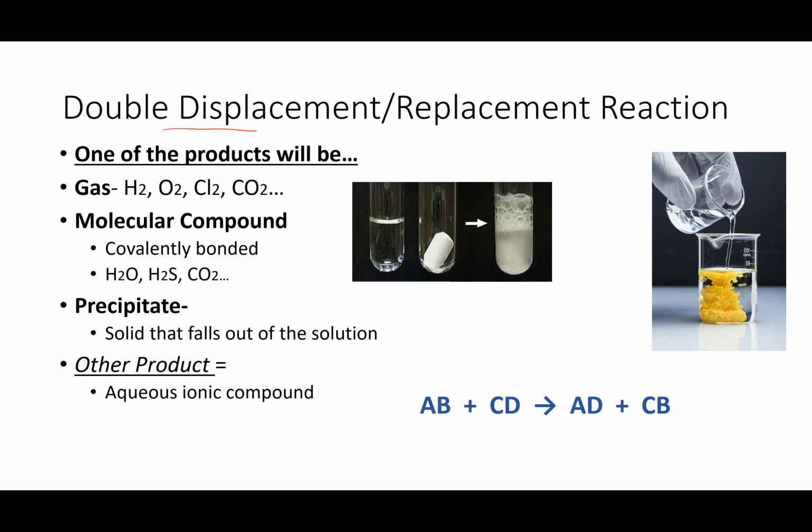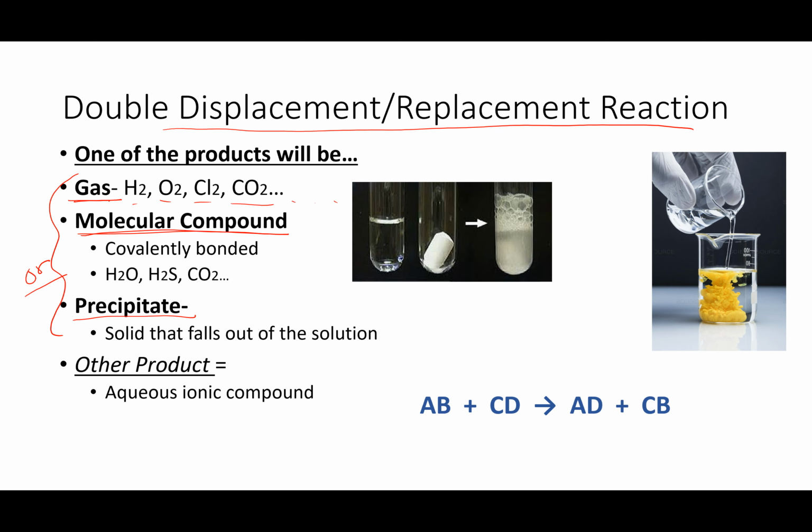When you have a double displacement or replacement reaction, one of the products will be either a gas, a molecular compound, or a precipitate. One of those, not all of them, but one of those. So sometimes you're going to have a gas produced. It could be hydrogen, oxygen, chlorine, carbon dioxide, or a multitude of other gases.